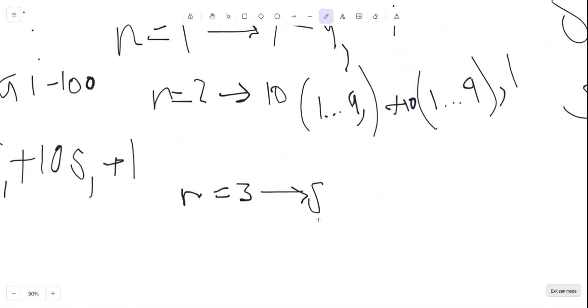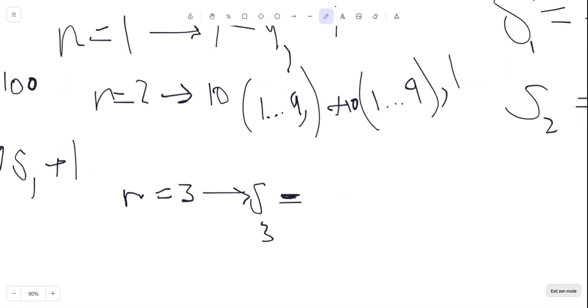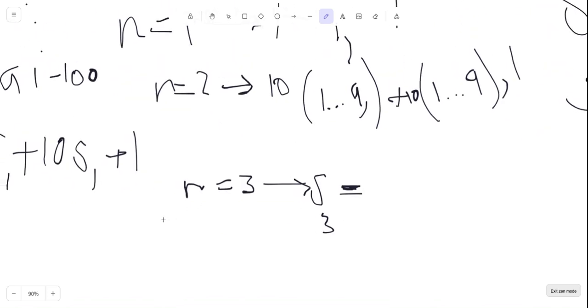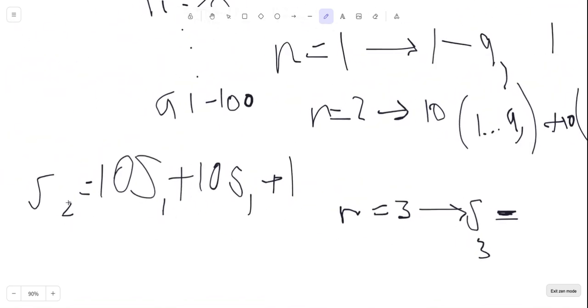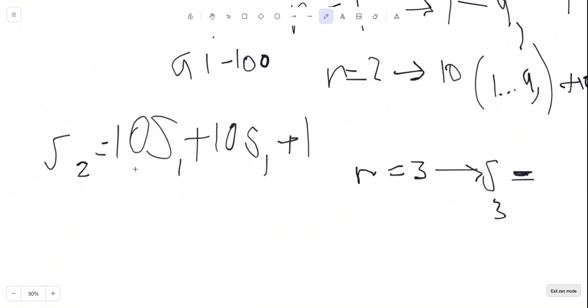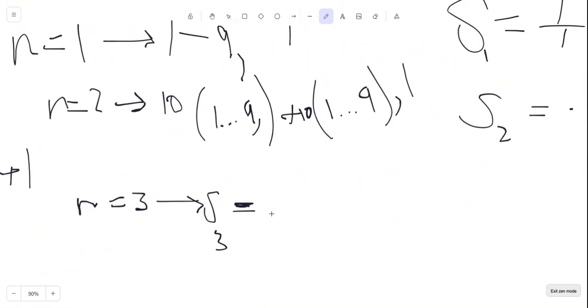In the same way, S sub 3, in terms of S sub 2, we have 10 times as many numbers, which loops all of these reciprocals, like for the numbers until 100, from 101 to 200, and so on until 901 to 1000.